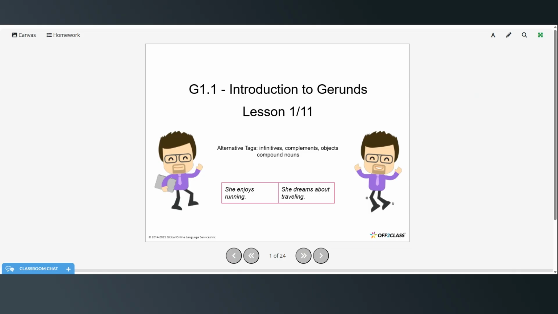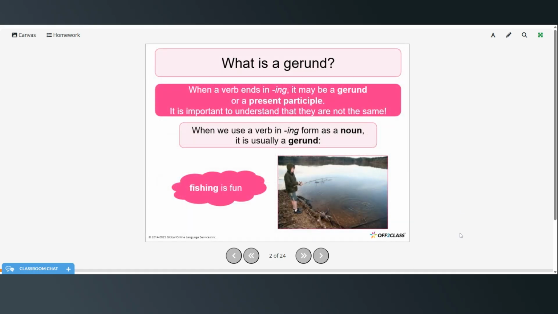This is a B1 level grammar lesson, and today we're going to be talking about gerunds. So what is a gerund? When a verb ends in ing, it may be a gerund or a present participle, and it's important to understand that they are not the same. When we use a verb in ing form as a noun, it is usually a gerund.